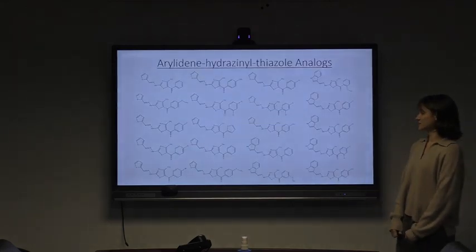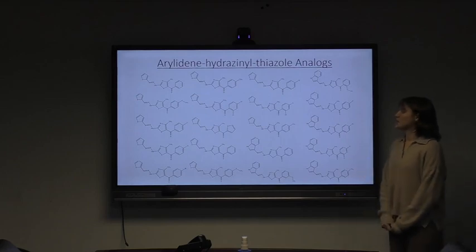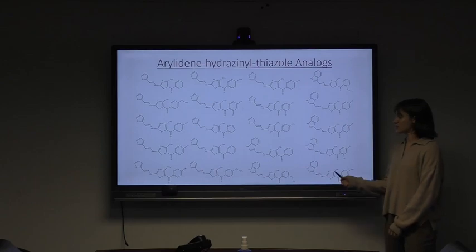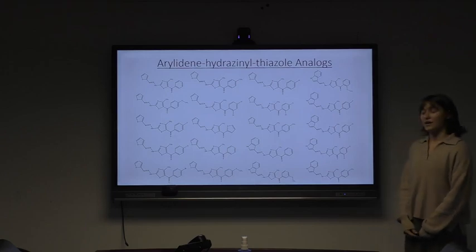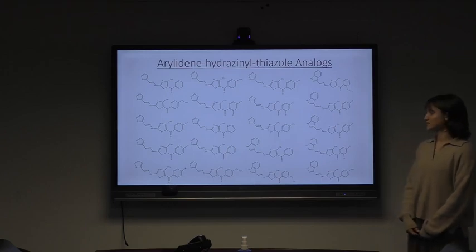Next slide. Here are the analogs that we're going to be testing on multiple cancer cell lines. As you can see, they're very similar in structure, but they will vary in their anti-cancer activity in the cancer cells. Next, please.